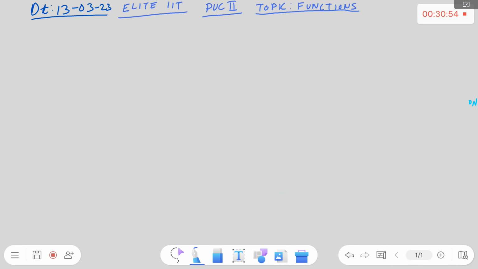another type of function. So this was many to one and one to one. These functions are based mostly on looking at the domain.